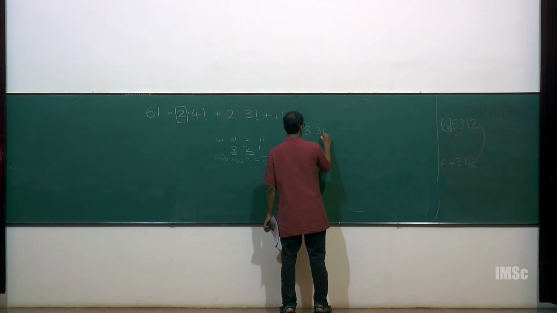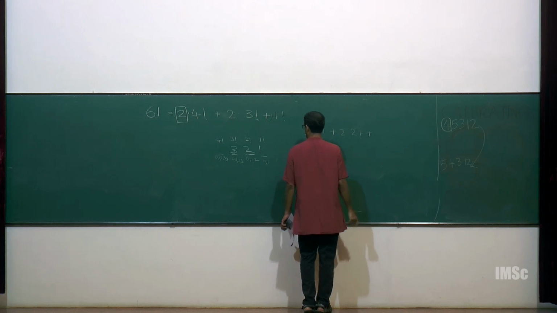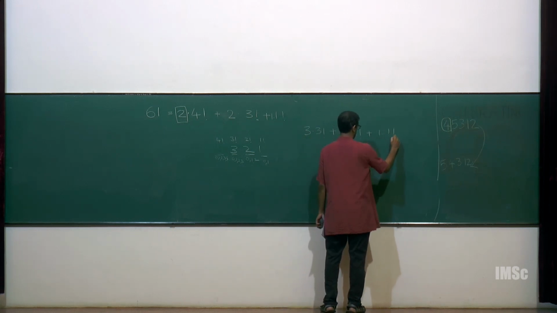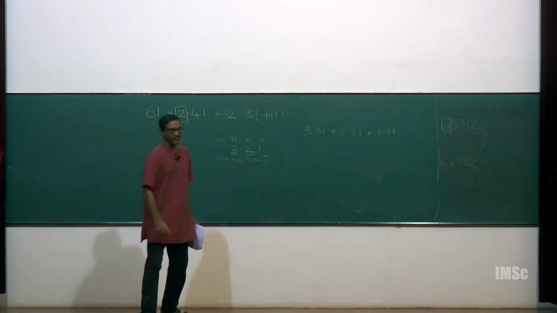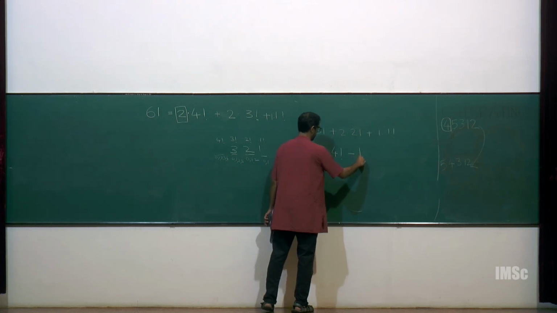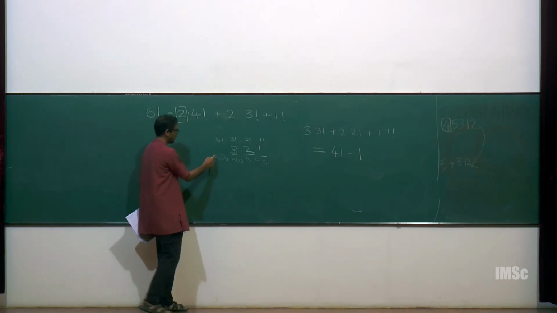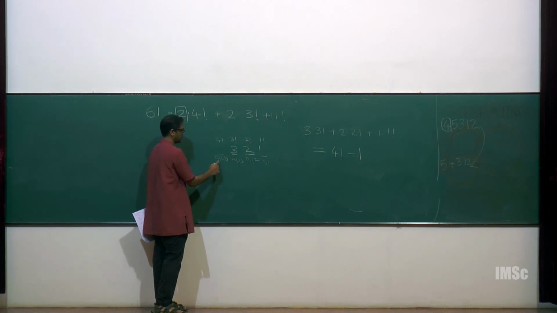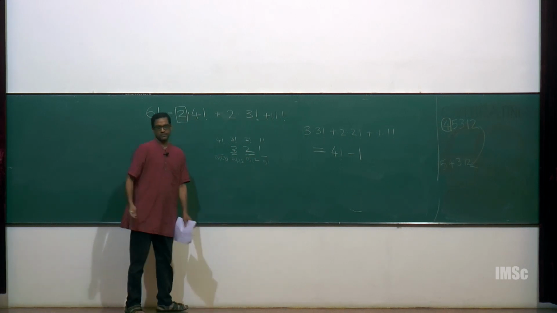It's 3 times 3 factorial plus 2 times 2 factorial plus 1 times 1 factorial. Okay, great. So without calculating, this should actually be 4 factorial minus 1. It should be 1 less than the next number, because 4 factorial, I would be able to write as 1000.